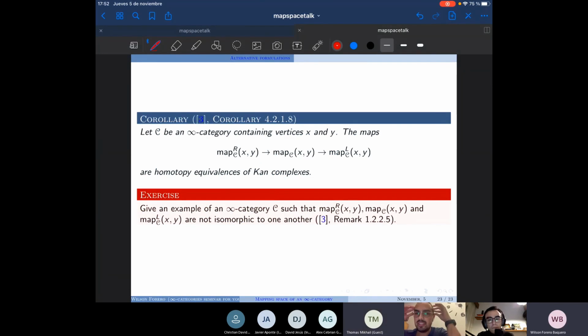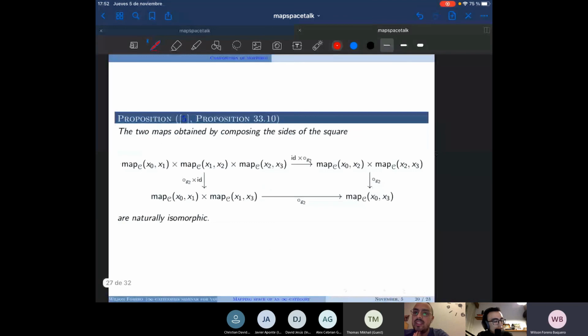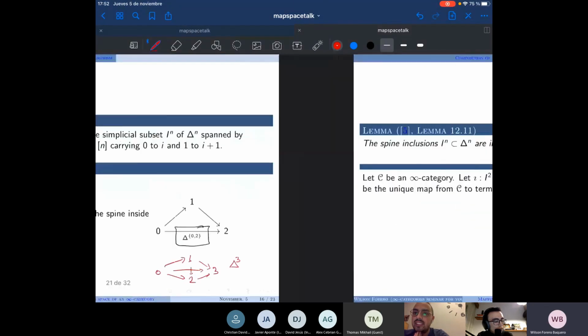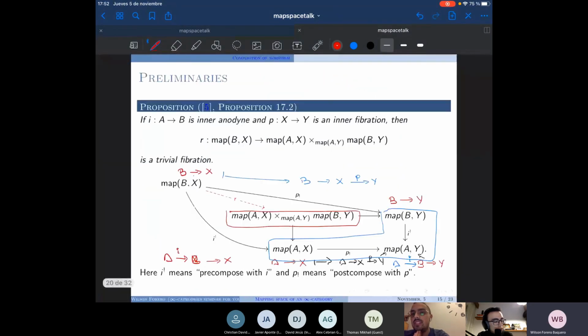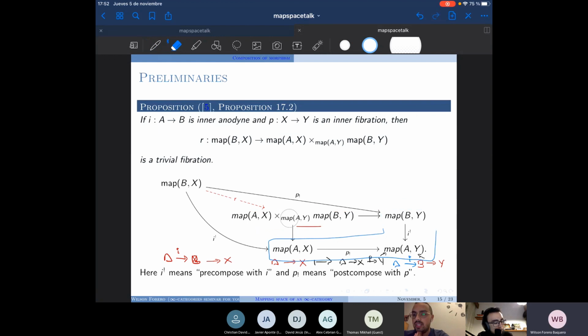I have a question, but it's just philosophy. Can you go back to the definition, I think it's a proposition, when you have a big diagram? This one. Yes, you are making this to define the composition, I think. But if you don't have a composition, how do you define pre-compose with i or post-compose with p?